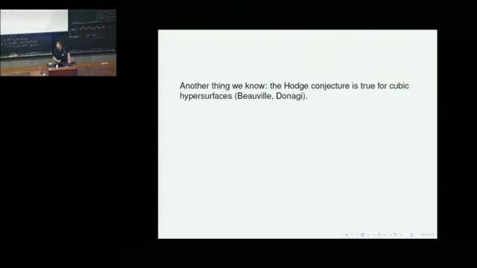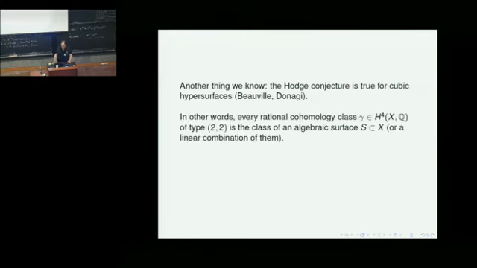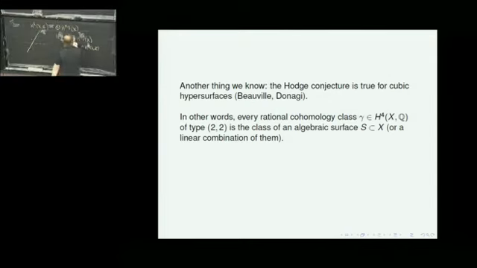Another thing we know is that the Hodge conjecture is true for cubic hypersurfaces. We haven't used this, and we're not going to. For example, here I wrote equality, which is the expression of the Hodge conjecture in this case. All I really used, though, when I was discussing this a moment ago, is the inclusion.